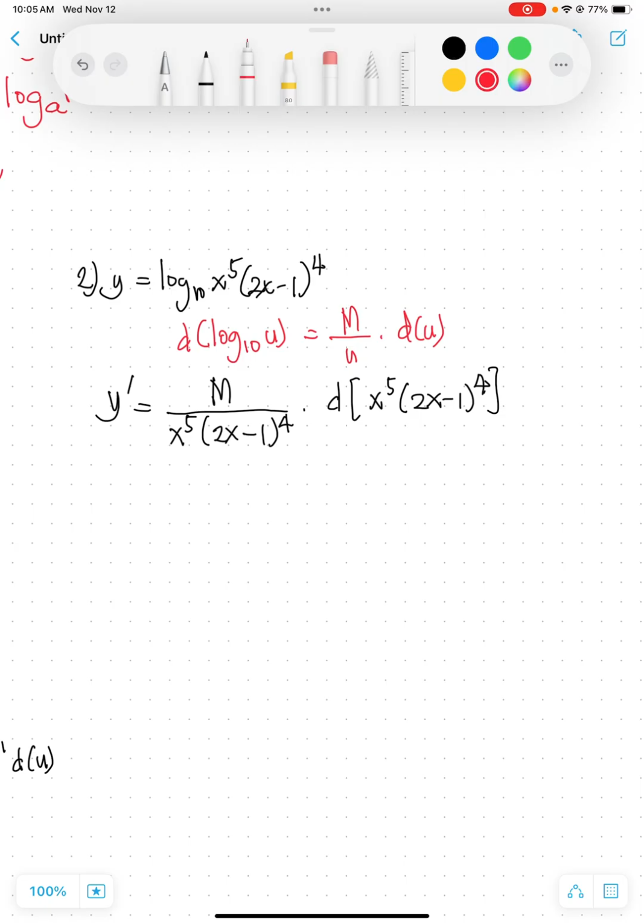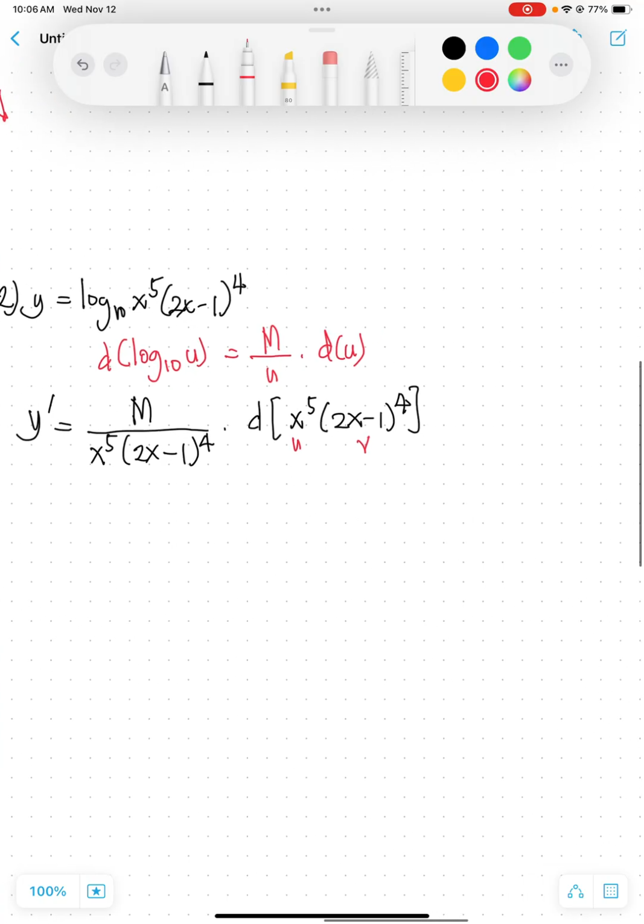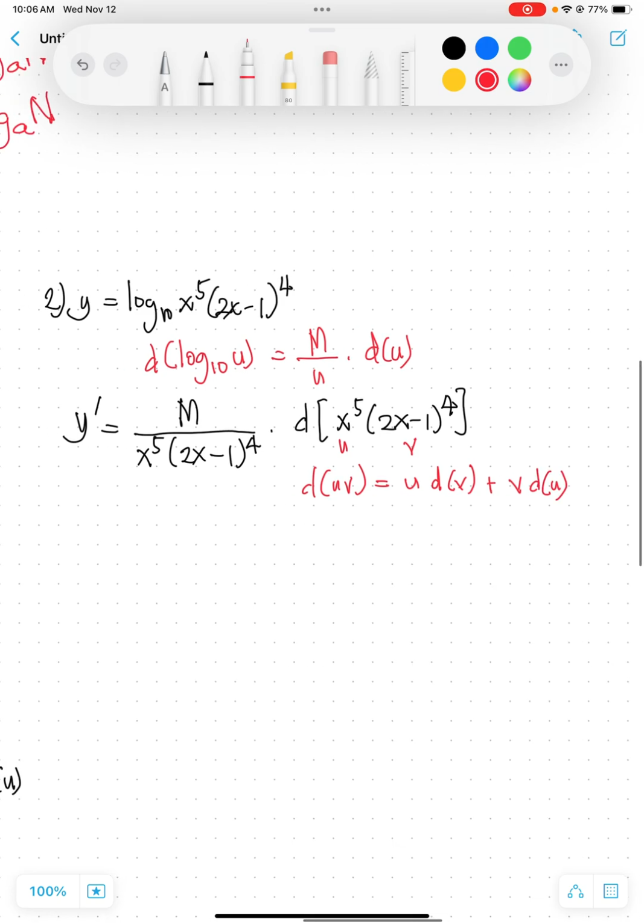Now this is a derivative of a product. So we're going to use the product rule for the derivative of x raised to 5 times 2x minus 1 raised to 4. So what is the product rule? The derivative of u times v is u times the derivative of v plus v and then times the derivative of u.